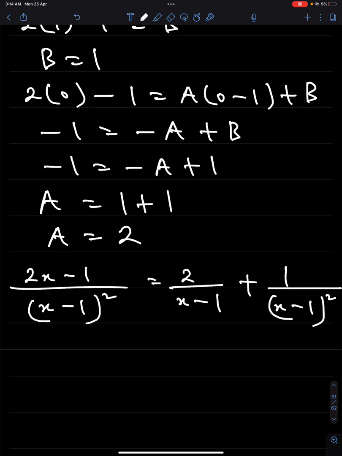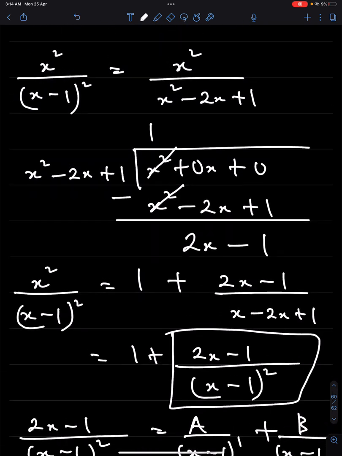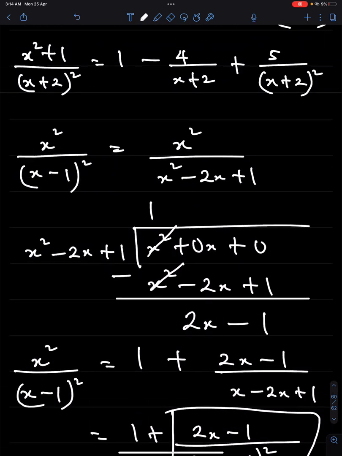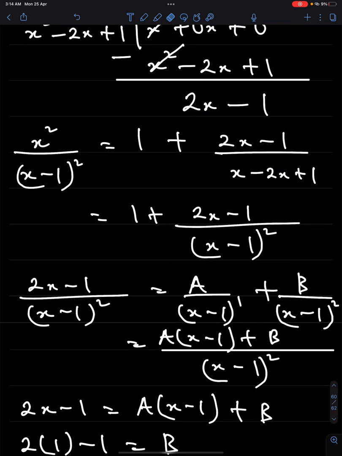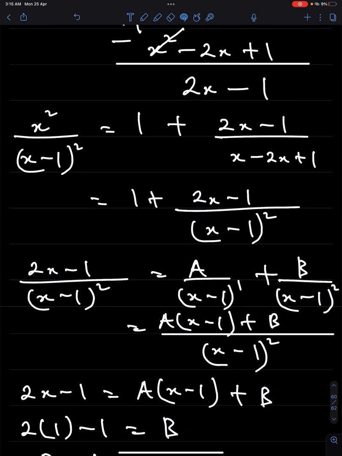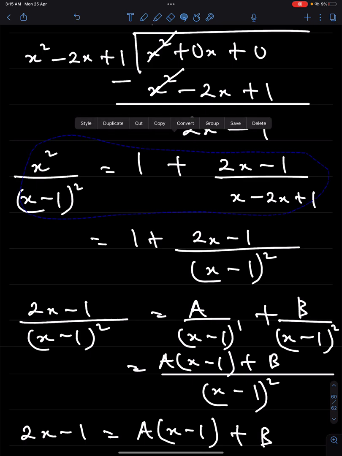So we can now write the final answer. That simply means this fraction which was given originally, I'm going to copy it from here.